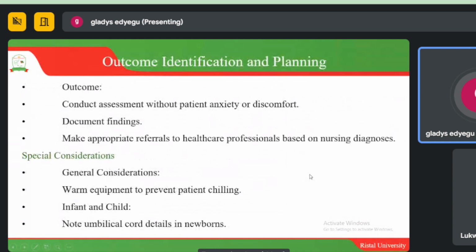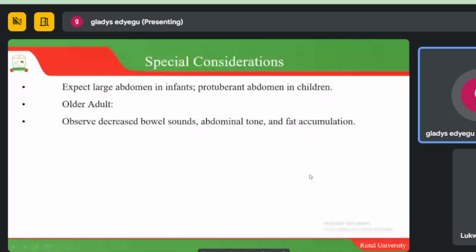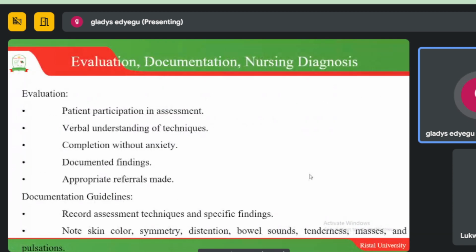We had finished the special considerations. We had talked about documentation and we're in this slide where I was talking about evaluation, patient participation.